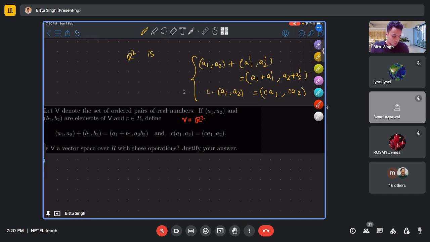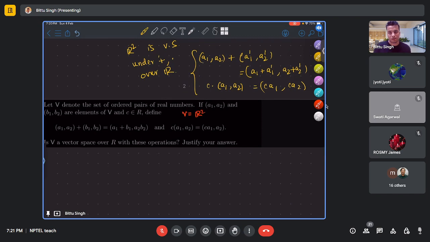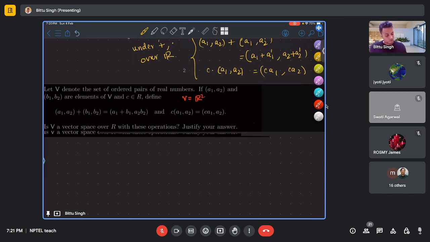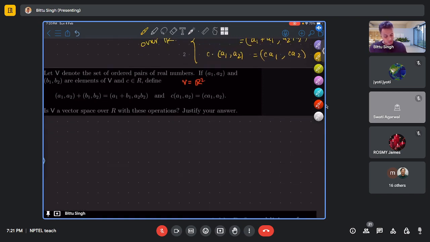R2 is a vector space under this addition and multiplication, over R itself. The field is R, but the problem is here the addition and multiplication is not the natural addition.